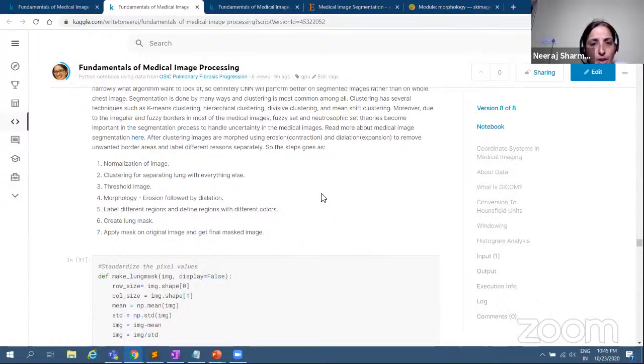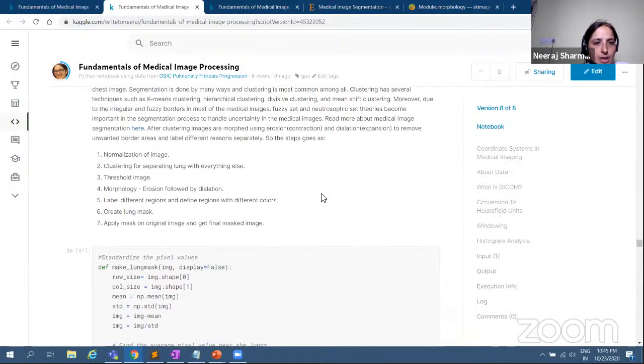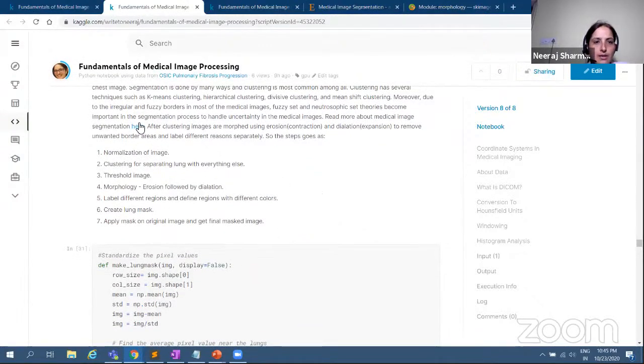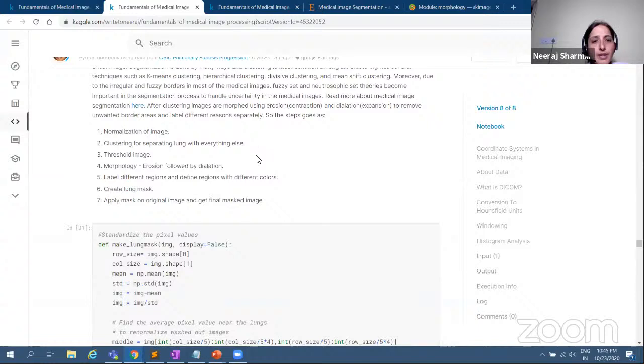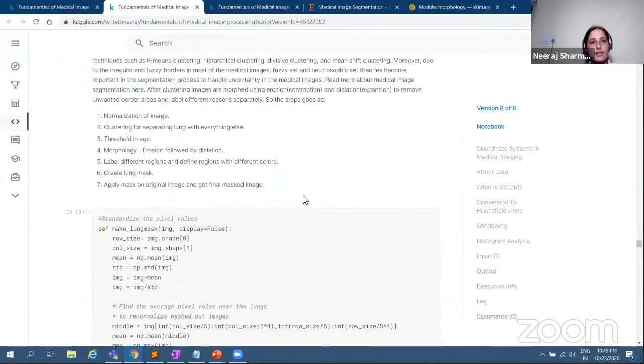Normally fuzzy clustering also gives very good results for segmentation. And here is the link where we can read more about the segmentation. Then after the clustering, we take all the centers and get the mean, and get a threshold image.